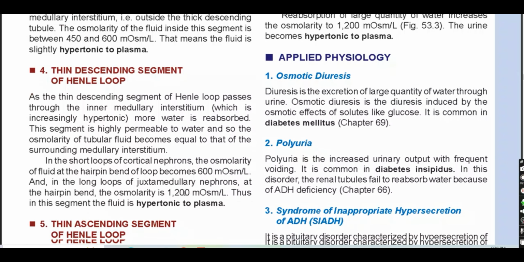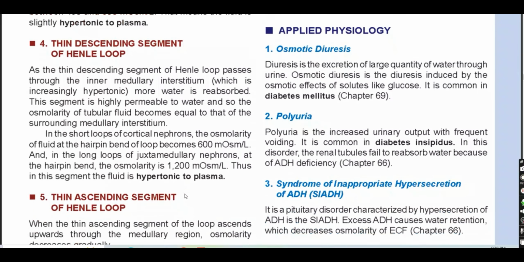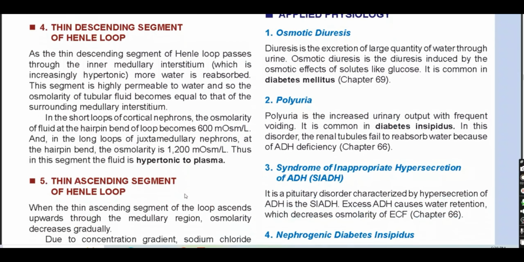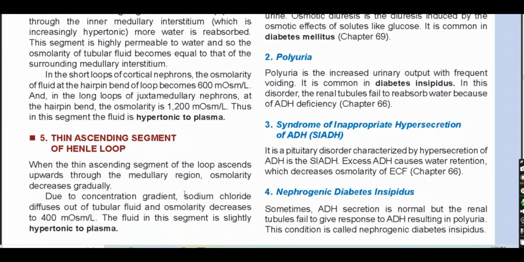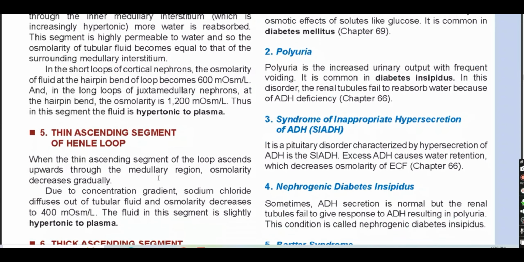So in this way, the thin descending loop of Henle reaches an osmotic pressure of 1200 milliosmol. Now, when this fluid reaches the thin ascending segment of the loop of Henle, there the osmotic pressure gradually decreases. Due to the concentration gradient, sodium chloride diffuses out of the tubular fluid, and the osmolarity decreases to 400 milliosmol per liter. The fluid of this segment is slightly hypertonic to the plasma.